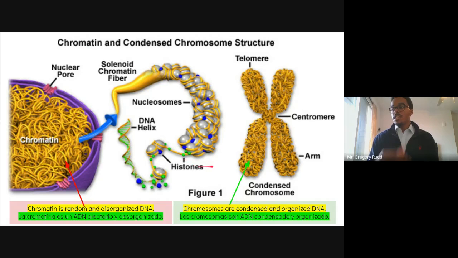And those are basically just protein complexes. So we wrap the DNA around that, and it allows us to organize the DNA in useful ways, rather than just having it lumped up in a bowl of spaghetti that's really tangled and disorganized.